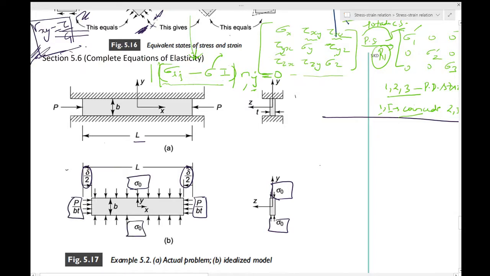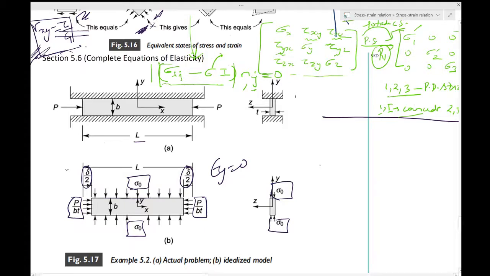There are some other boundary conditions which are actually not included in the diagram, like the deformation in the Y direction is 0. So epsilon Y is equal to 0, and then these boundaries are specified.